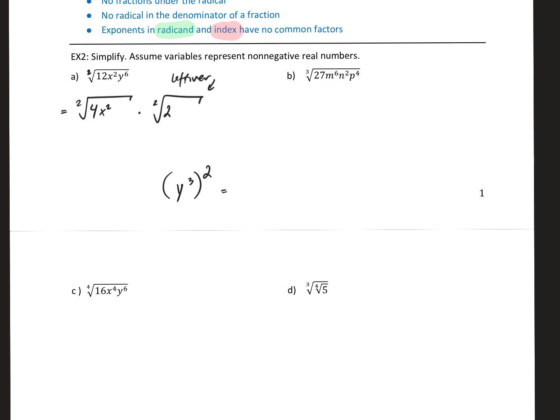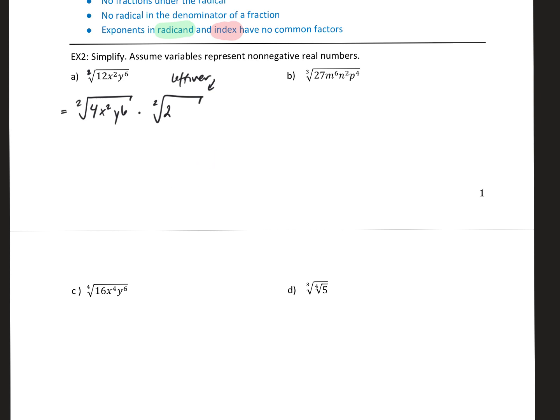When we square that, that will become y to the 6th power. So I'll go ahead and leave that here, y to the 6th. Again, why am I doing this? My goal is to get a perfect square inside of here, something that can be perfectly squared so I can cancel with the index.